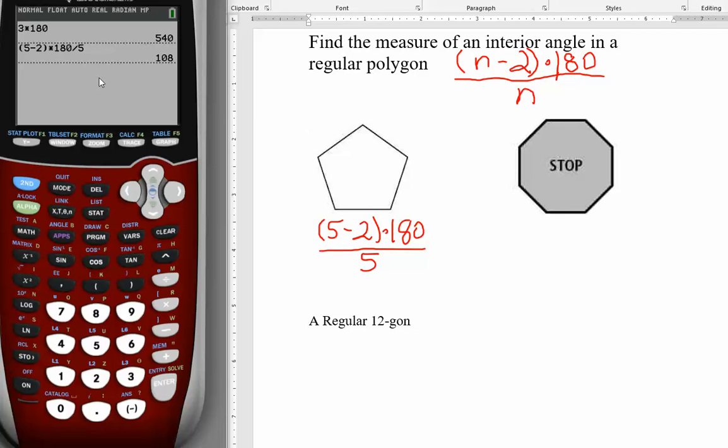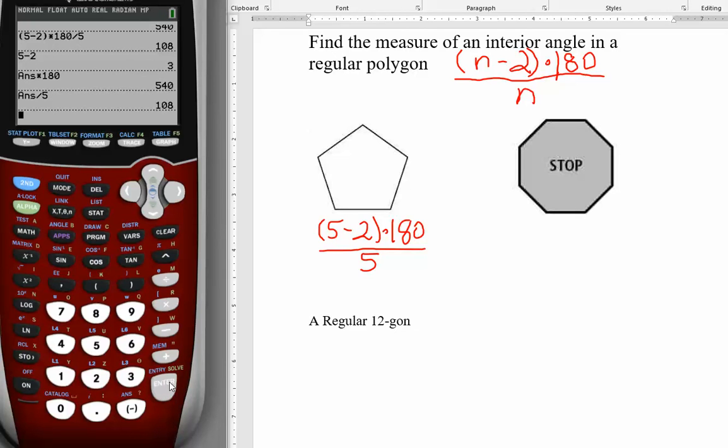Now, if you're going to do this on your phone, like if it's just a basic calculator or any basic 4-function calculator, same deal. 5 minus 2, enter, times 180, enter, divided by 5, enter. So you can do it that way as well.